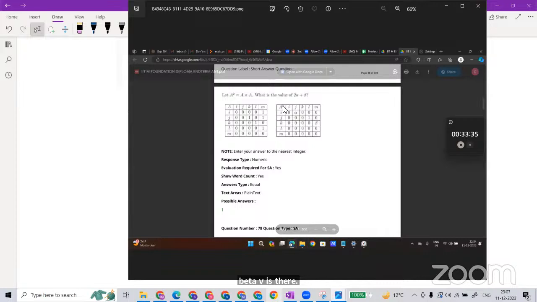This is A square, so you have to multiply first. Sir, for beta multiply M into K.